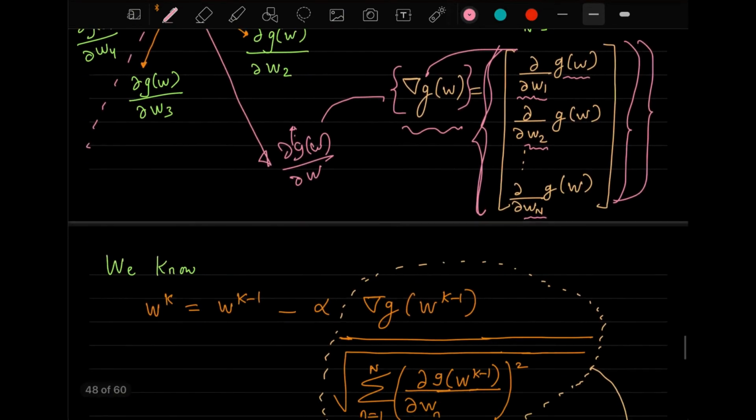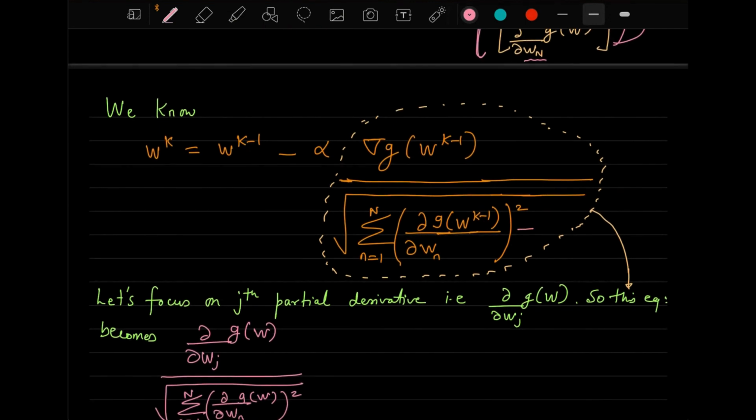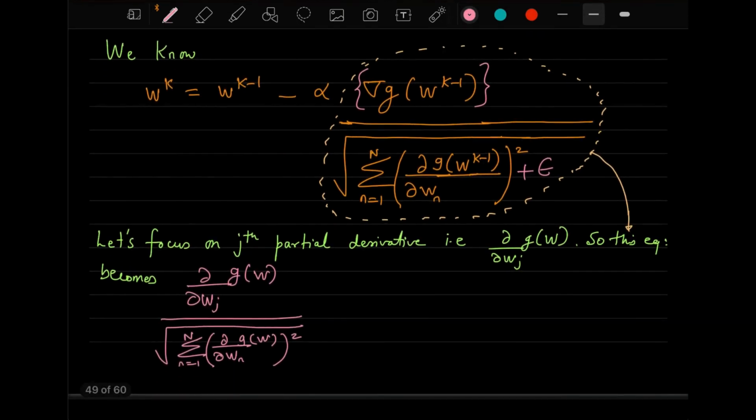If you see the original expression that we had, here we have epsilon naught. What you realize here is that this particular delta G, if you want to expand it by taking the jth partial derivative, meaning you are taking only the jth component of it like this, then it is something like this.